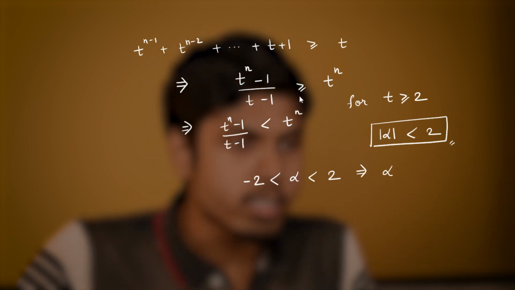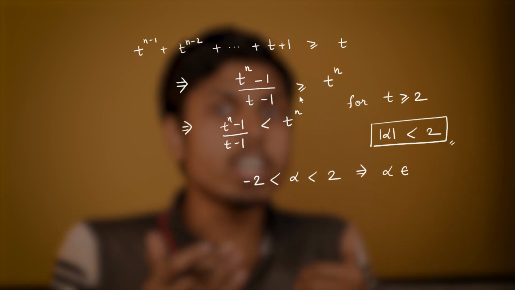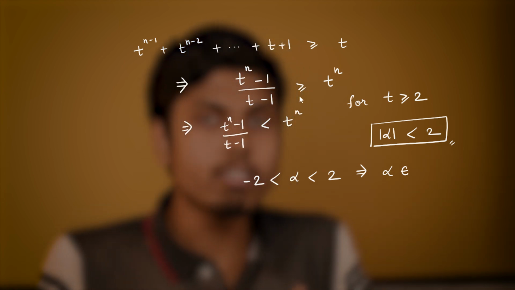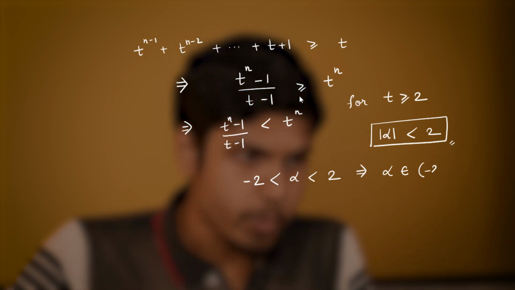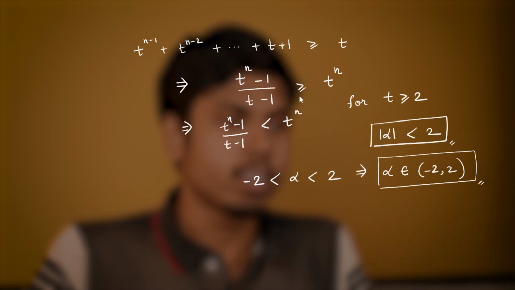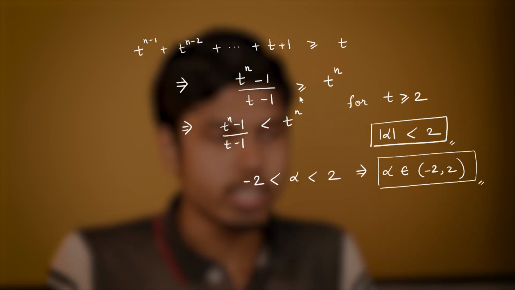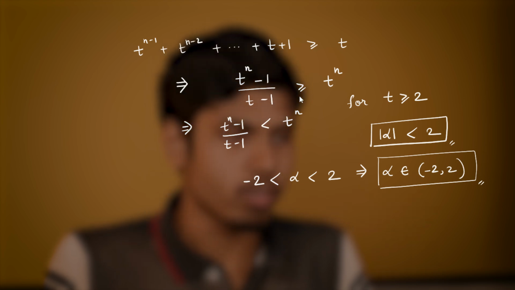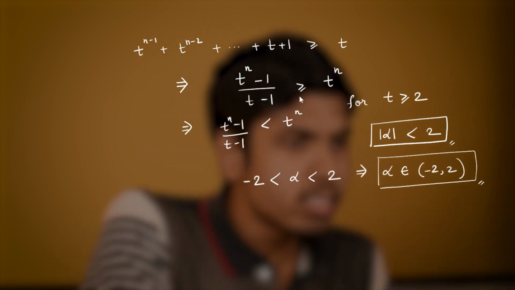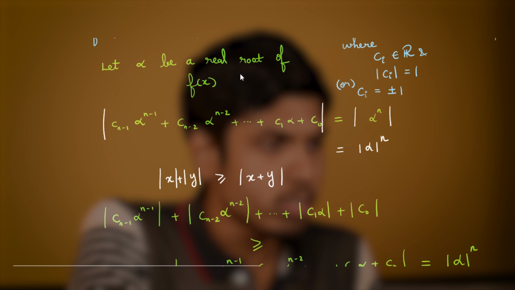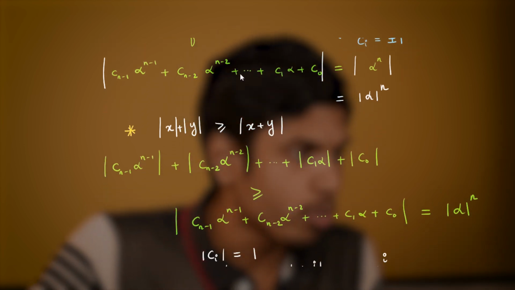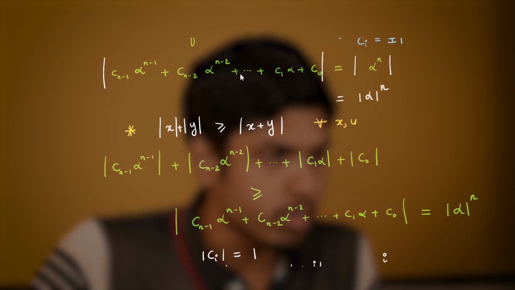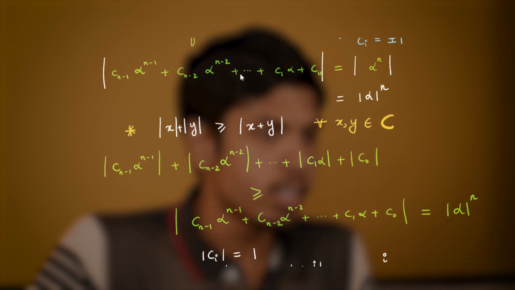So again, delineating the location of roots shall give you a lot of characteristics of the polynomial. So this is the condition for real numbers, which is a root of this polynomial. But this can also be extended to complex numbers, because we know that this inequality is still true for x and y in complex numbers.